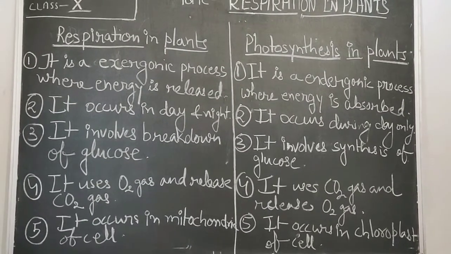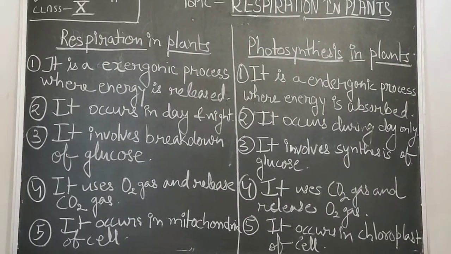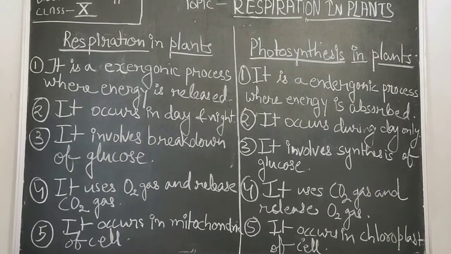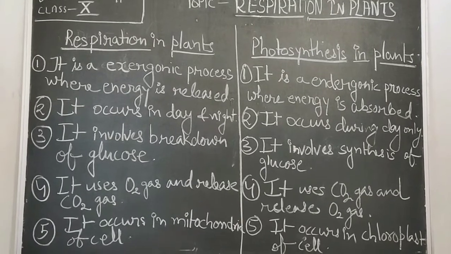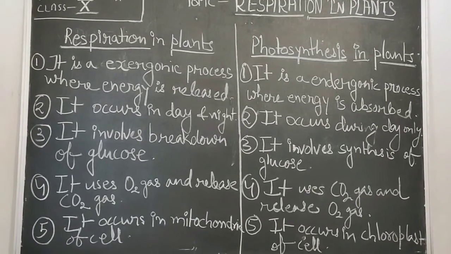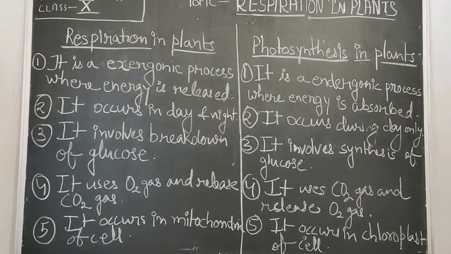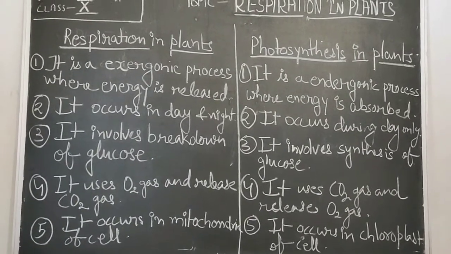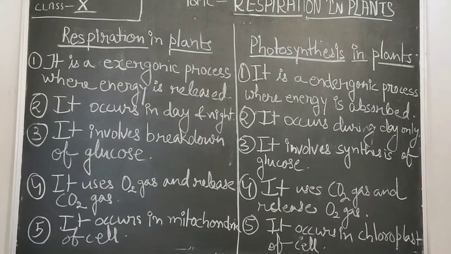As we have discussed earlier, in photosynthesis glucose is prepared or synthesized from carbon dioxide and water, which requires solar energy and chloroplast, meaning it occurs inside the chloroplast of the cell.